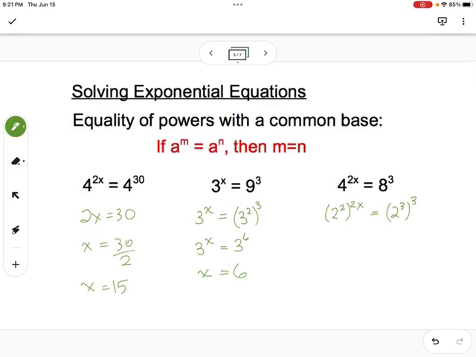Power of a power, we multiply. We have 2 to the 4x, and that is equal to 2 to the exponent 9. We have the same base, we will drop that and just have our exponents left over. 4x equals 9. When we bring 4 across, we'll have 9 divided by 4, or 9 over 4 as our answer.